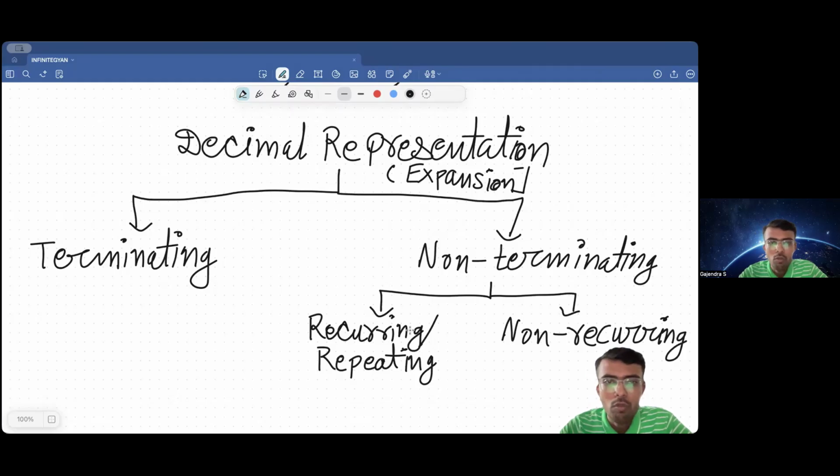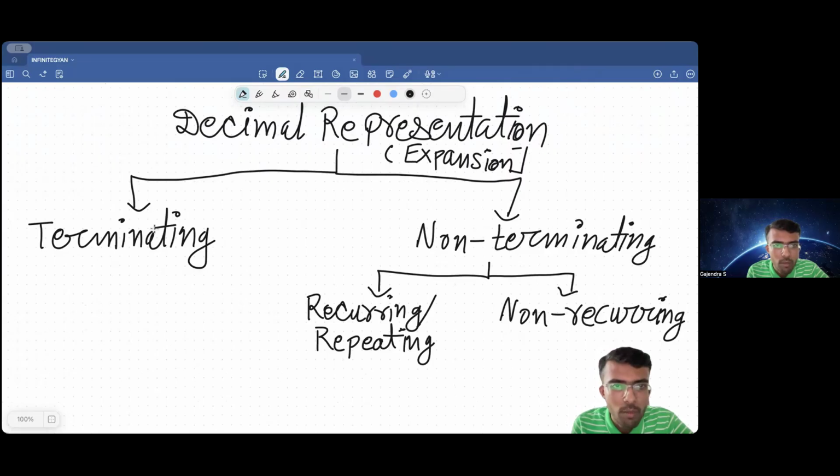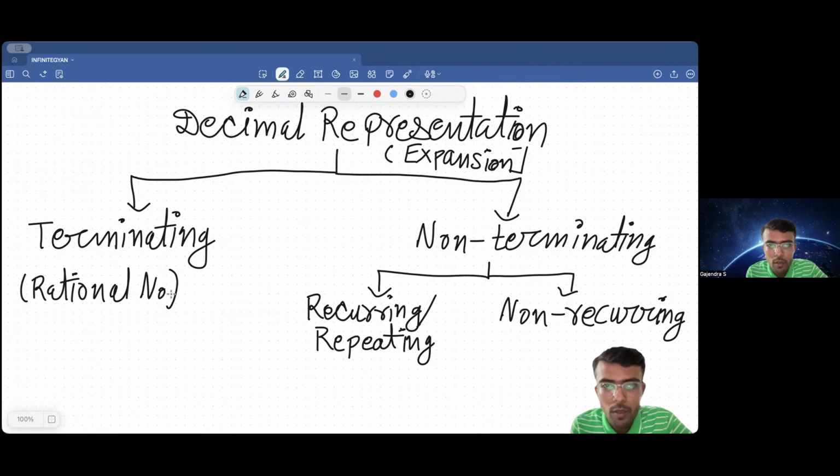Right? So the terminating decimal expansions we also call rational numbers because they can be written in the form of p by q. And recurring or repeating decimal expansions are again rational numbers because they can also be represented in the form of p by q, although they are non-terminating; still we can represent them since it's recurring, or you can say repeating.